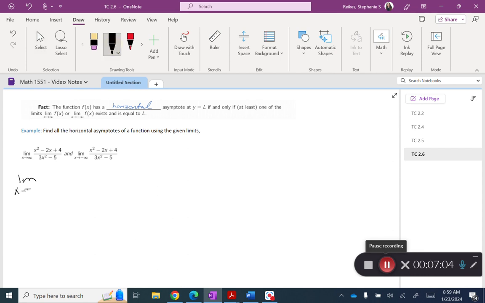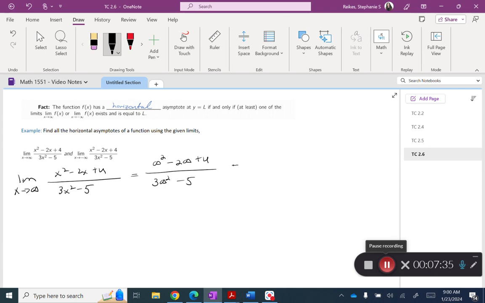So limit as we approach infinity of x squared minus 2x plus 4 all over 3x squared minus 5. So my first gut instinct might be, okay, let's go ahead and just plug in a really big number, that idea of infinity. So I have infinity squared minus 2 times infinity plus 4 over 3 times infinity squared minus 5. Okay, so what the heck would that actually mean, right?